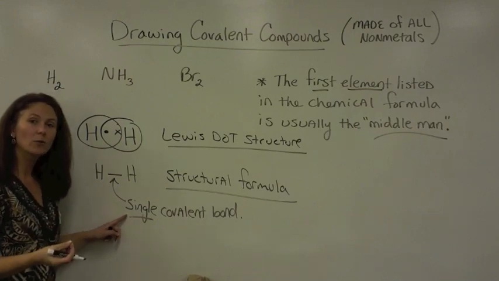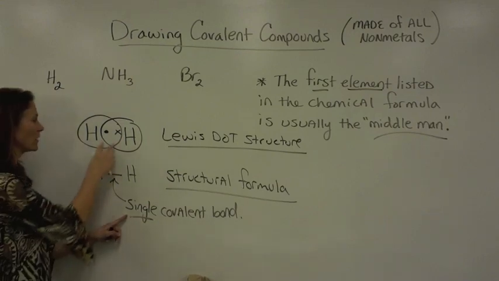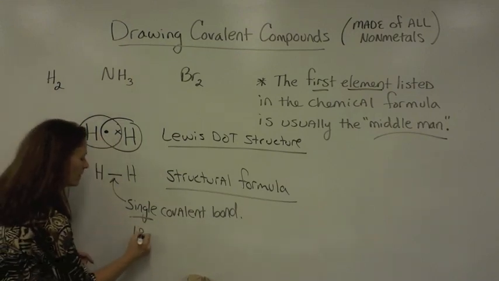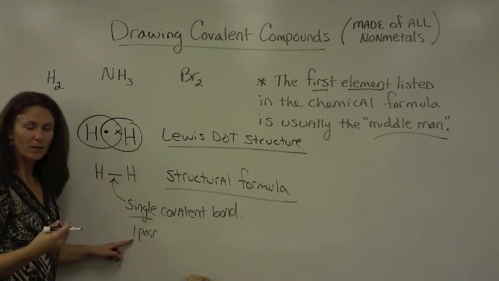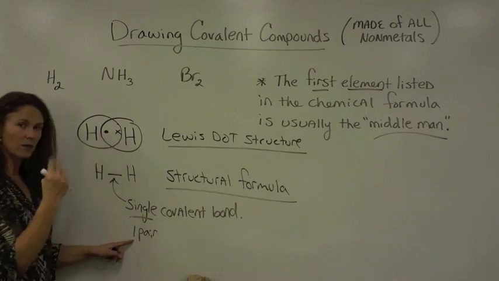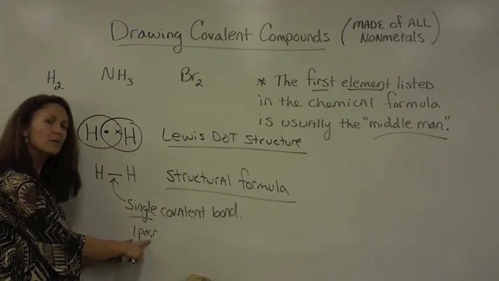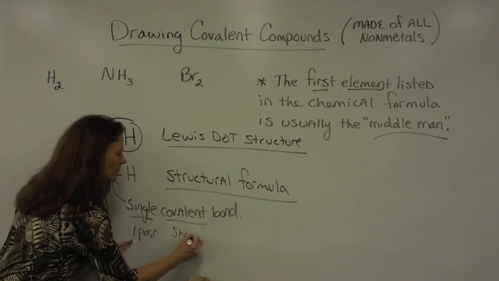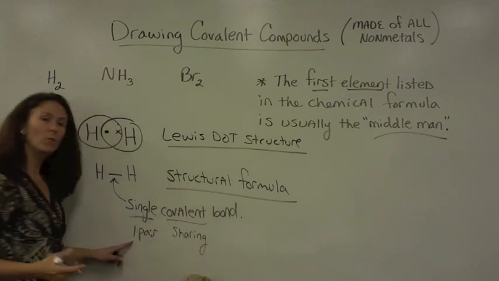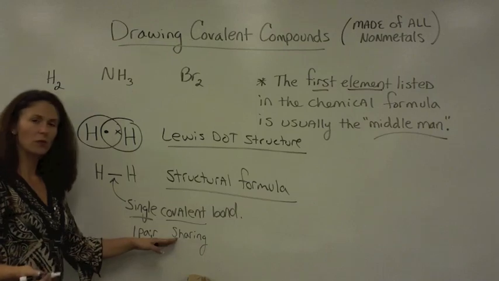Now, they say single because there's only 1 pair of electrons involved in the bond, and we know that 1 pair of electrons is a total of 2 electrons involved, but 1 pair of electrons is referring to a single covalent bond. Covalent means sharing, so 1 pair of electrons are being shared in this bond.